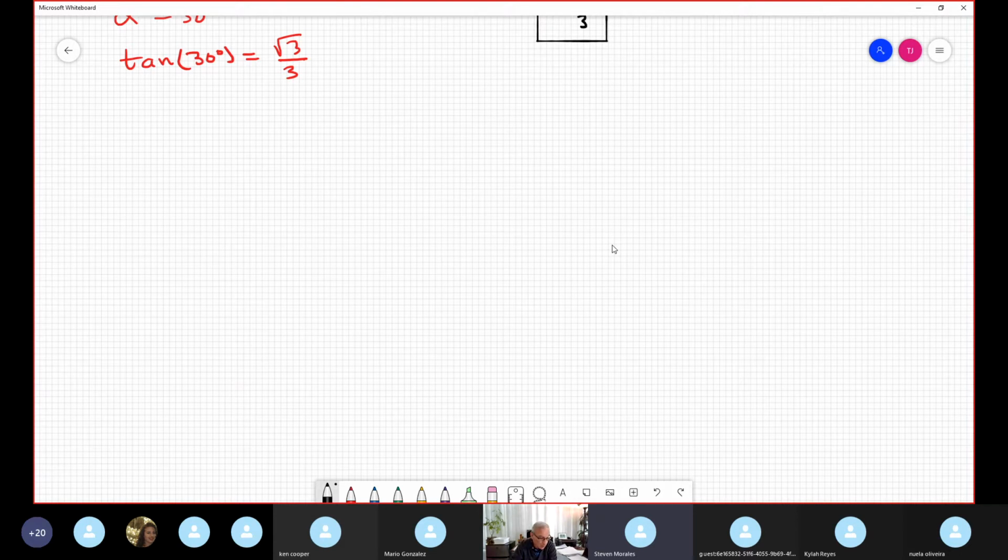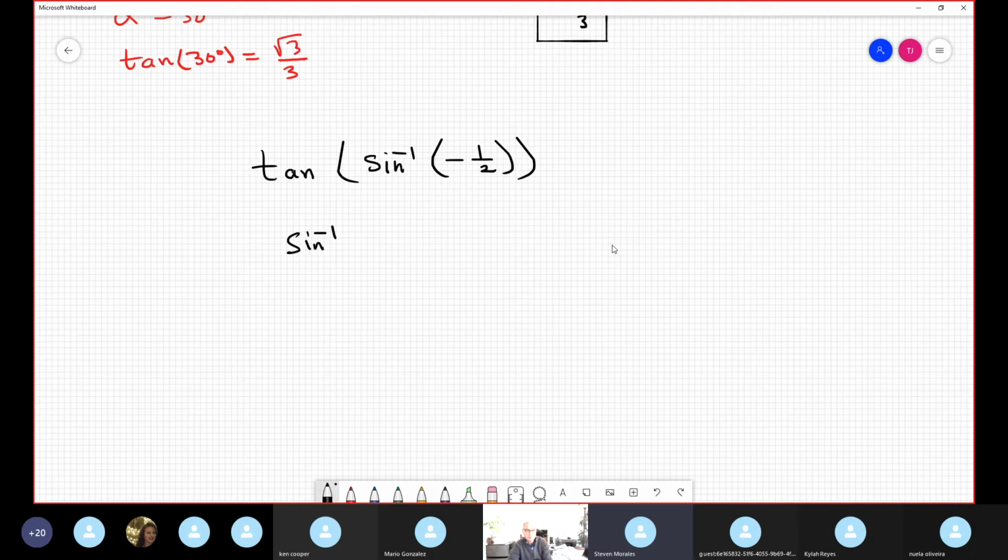Okay, now. Suppose this example, tangent of sine inverse of negative 1/2. Again, the same weird idea when it is negative. So, sine inverse of negative 1/2, that angle.